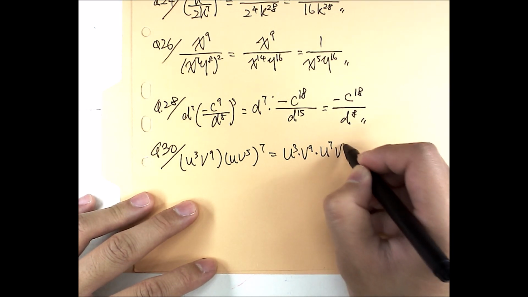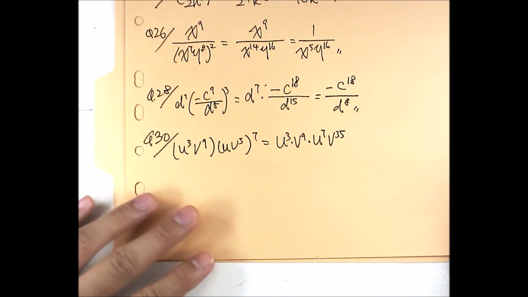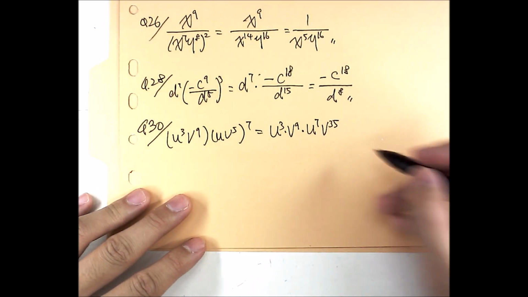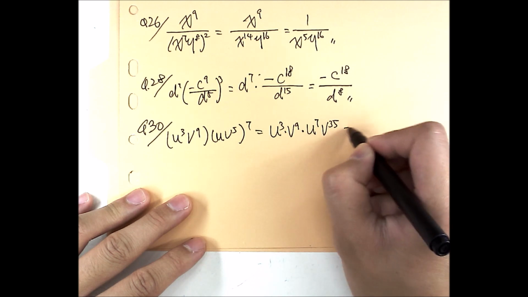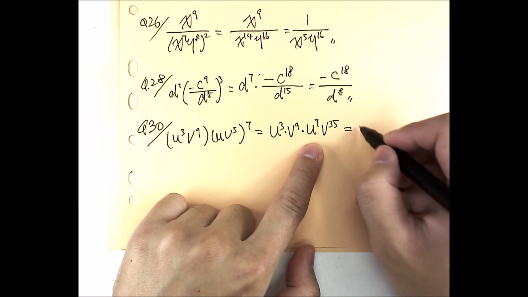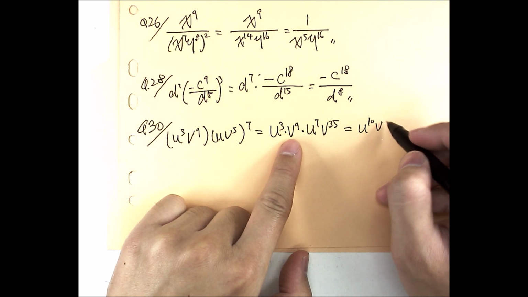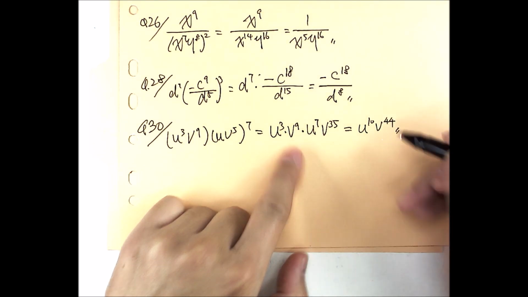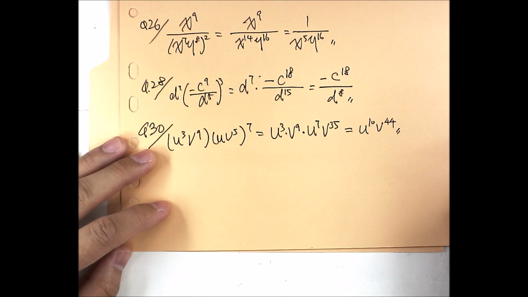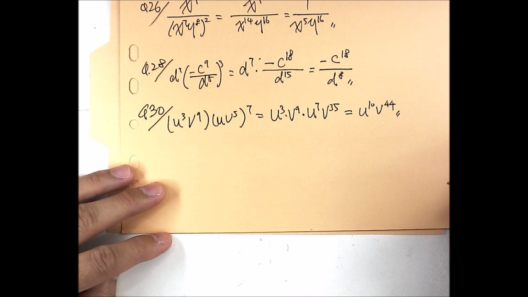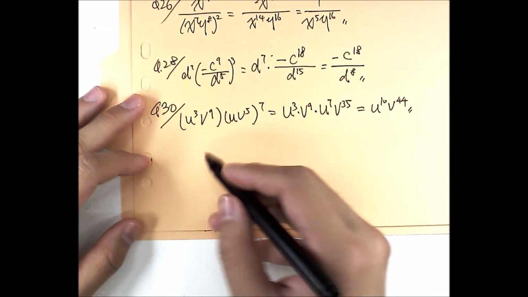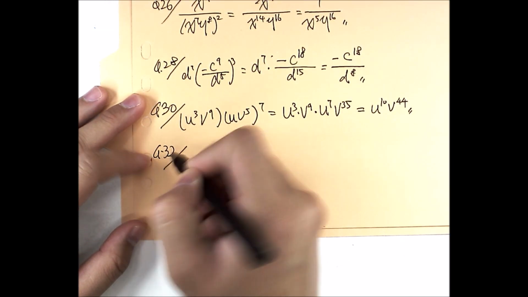This is 7, this is 35, understand? So keep going, u and u become u to the power 10, understand? V, it should be 44. Doing addition, okay? So keep going. 32.